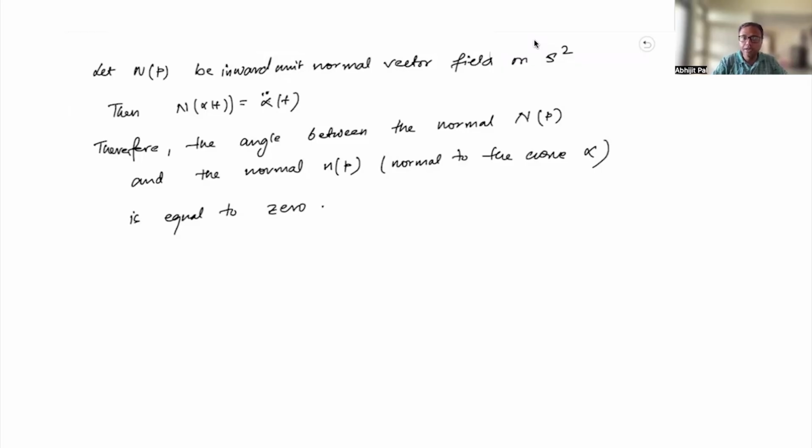So what is the normal to the curve? It is just alpha double dot t. So small n alpha t is just equal to alpha double dot t.